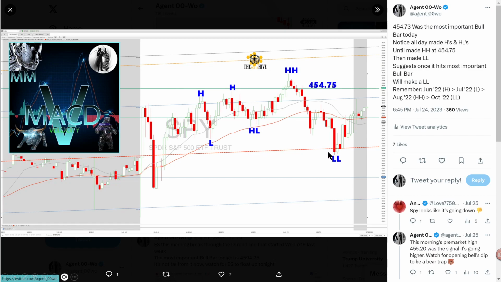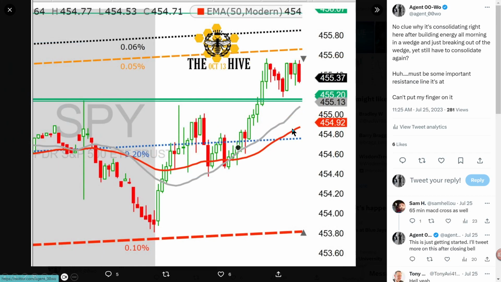So it makes a lower low because it has to build that energy. It's been grinding, lower low, then it's going to make an even higher high, right? Since this is Monday, we all know what happened. It did make a higher high, but it's going to make a lower low first. All right? So, important stuff there.